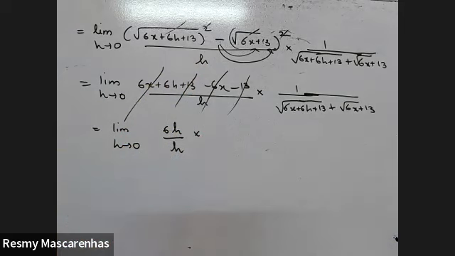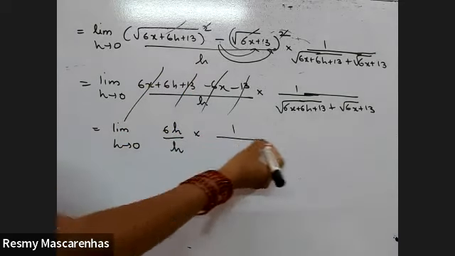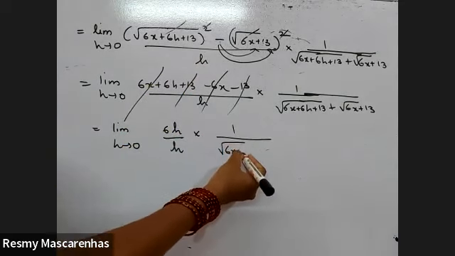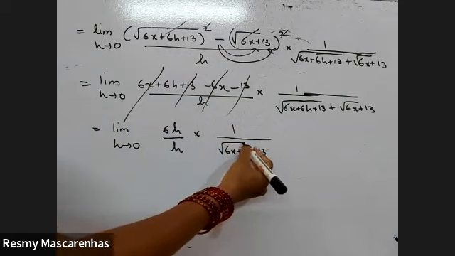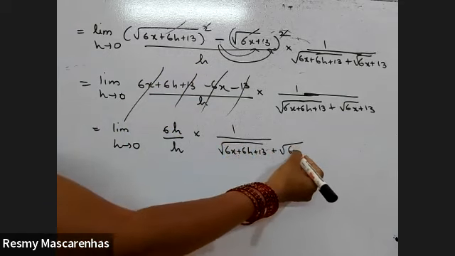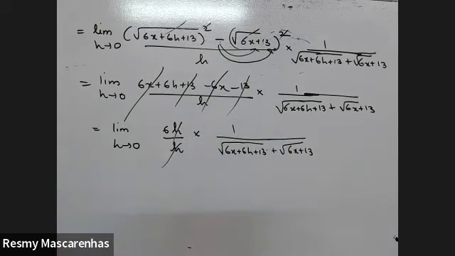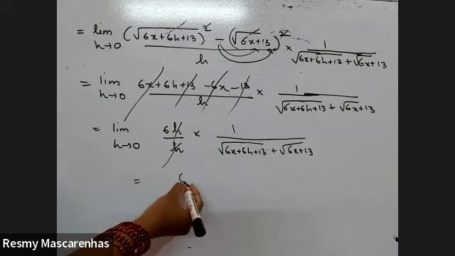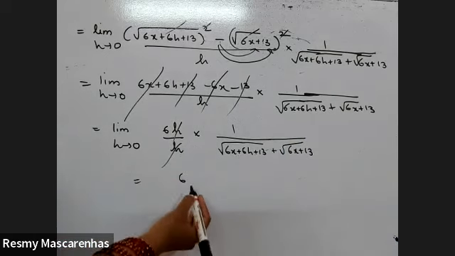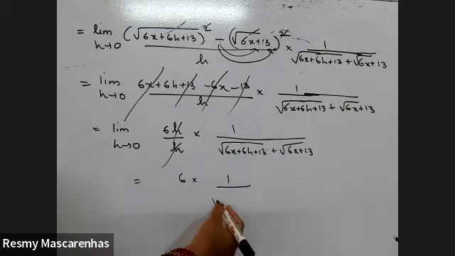This is what remains. Now h and h will cancel. Now substitute a value. Wherever there is h, put 0.